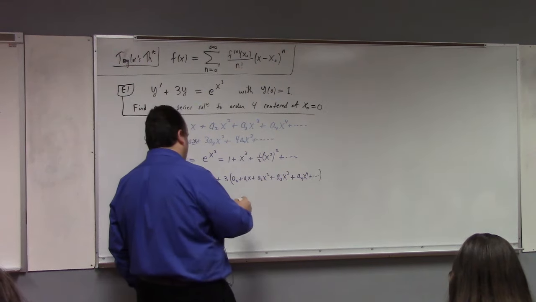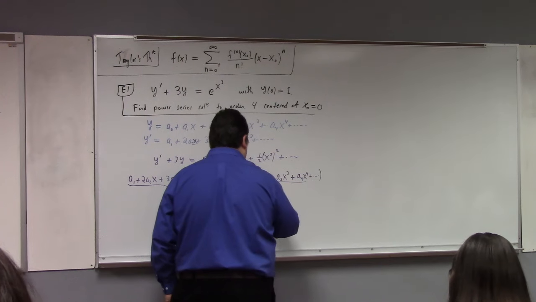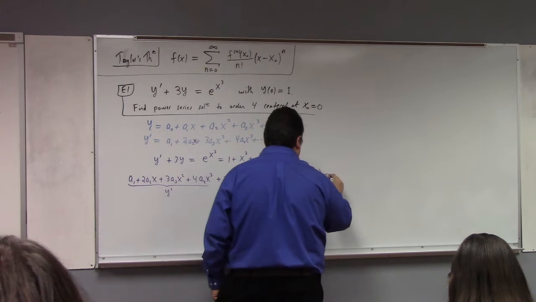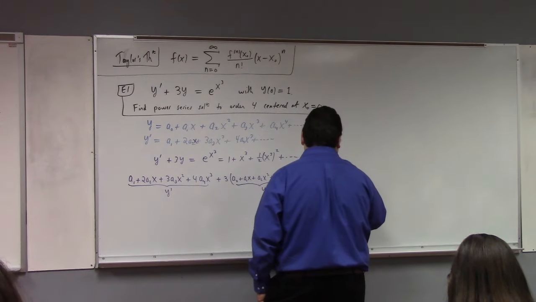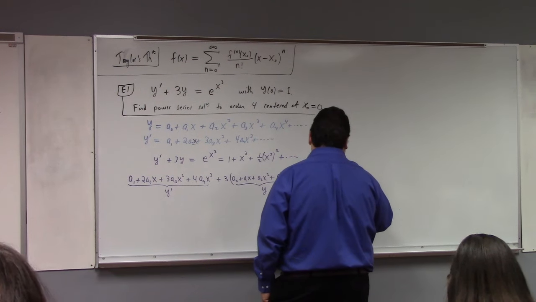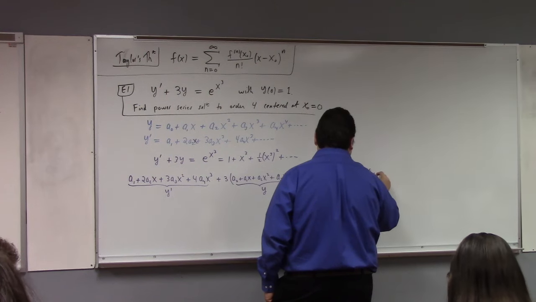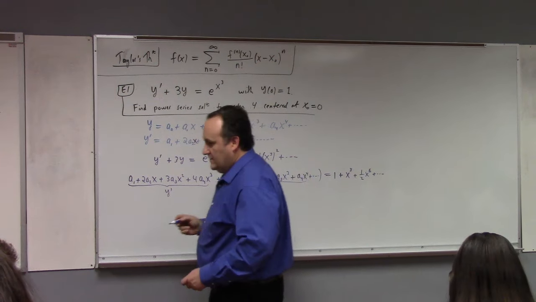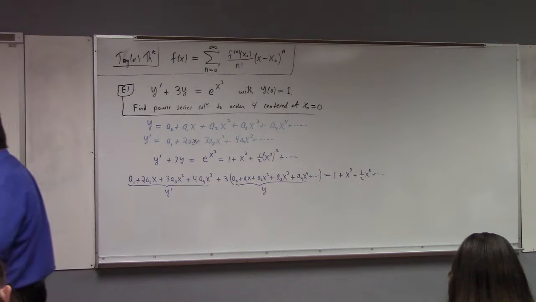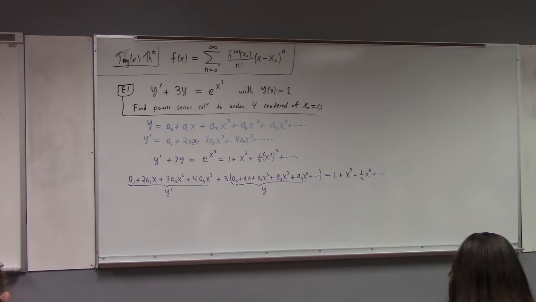That's my y terms. And that's all equal to 1 plus x cubed plus 1/2 x to the power 6. But I probably won't even care about that 6th order term since I haven't written down the 6th order terms in the other part of it.